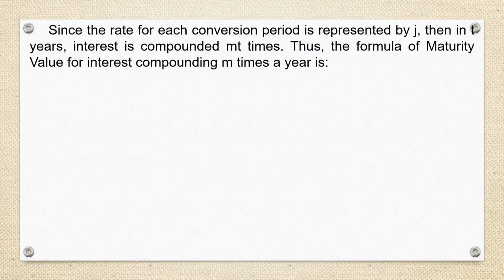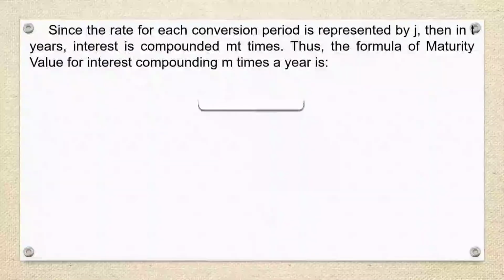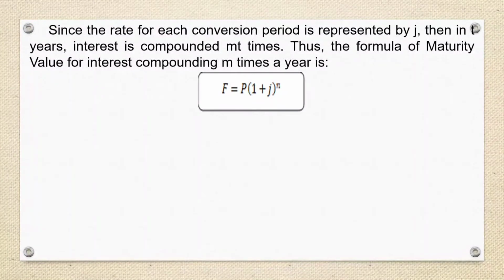Next, since the rate for each conversion period is represented by j, then in t years, interest is compounded mt times. Thus, the formula of maturity value for interest compounding m times a year is F is equal to the principal or present value times 1 plus j, which is the interest rate, raised to n.